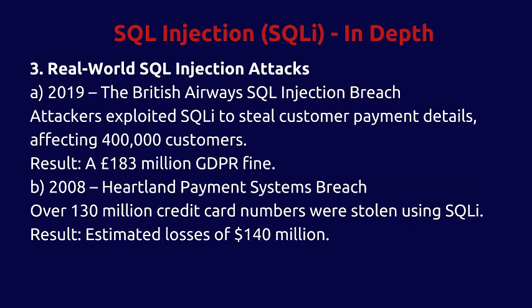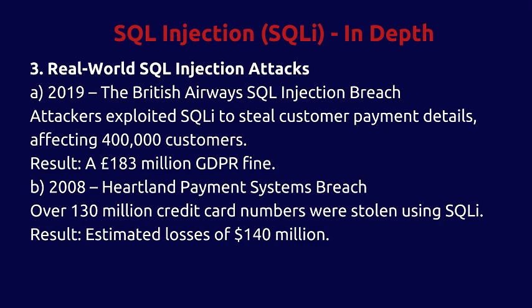Number 3, what are real-world examples where SQL injection was used to attack? A, in 2019 we had the British Airways SQL injection breach, whereby attackers exploited SQLI to steal customer payment details, affecting over 400,000 customers.